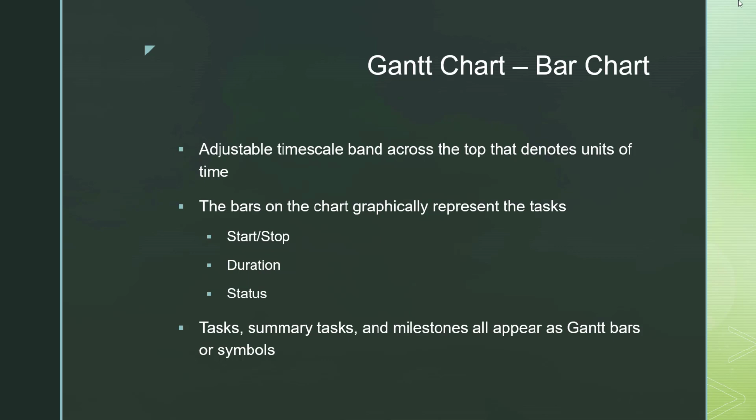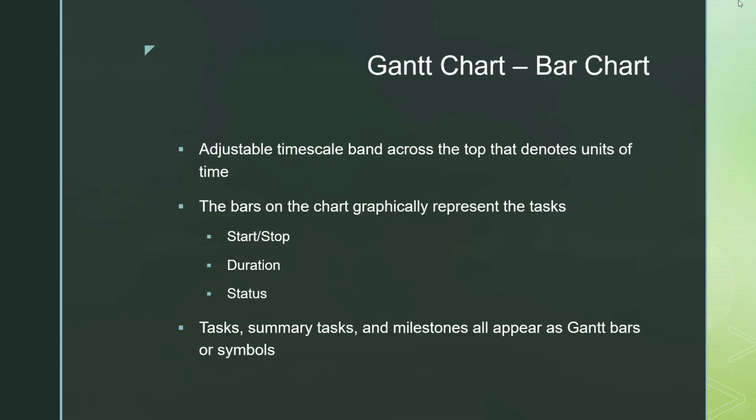And the bars on the charts graphically represent tasks. They tell you the start and stop time, the duration, the status. Those are all conveyed through that bar on the right side.